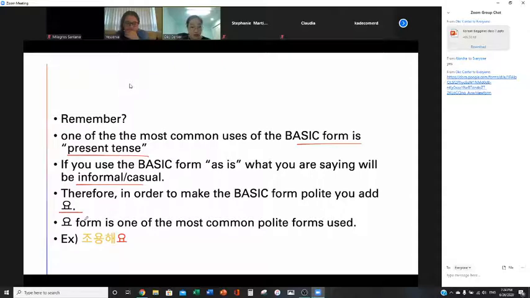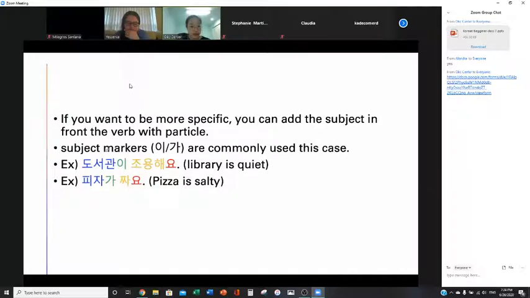So make it the basic form and then add 요. 요 is one of the common polite forms used. Right here, this is the basic form that we just learned. It means quiet. 조용해, and then putting 요 makes it more polite. So 조용해 to your friends is informal, casual; putting 요 makes it polite.